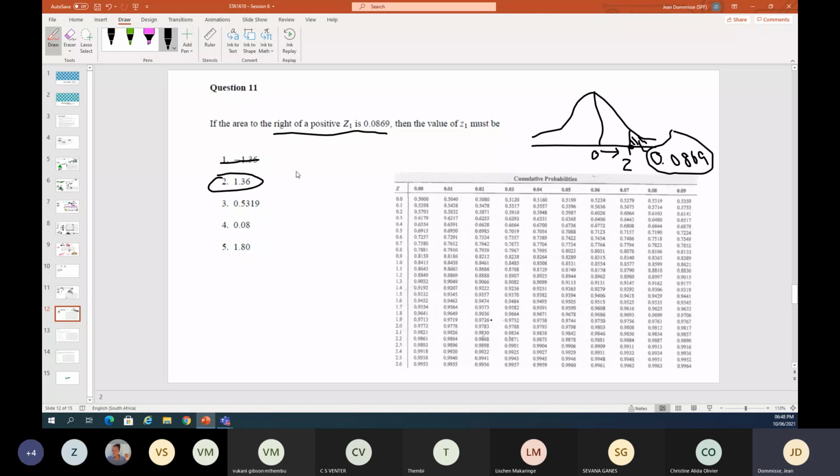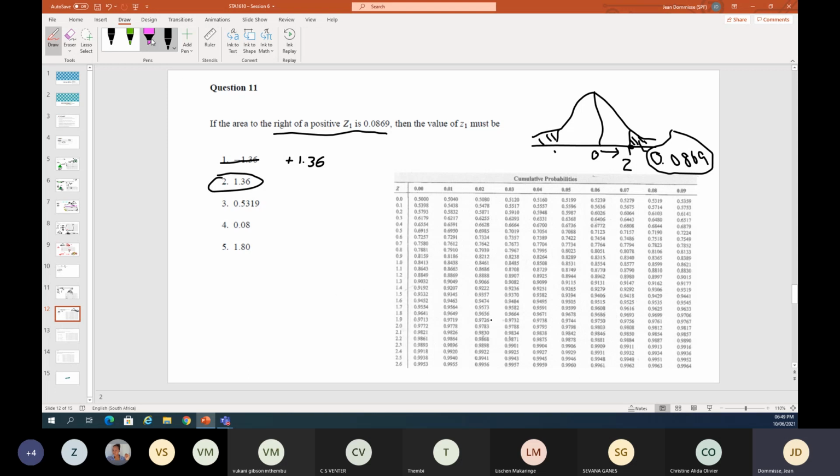When you have done that, your answer would have been minus 1.36. But remember, we're not looking for that value, we're looking for the positive. So that is why we then make it plus 1.36.